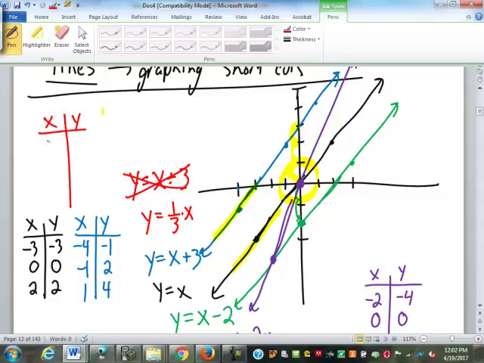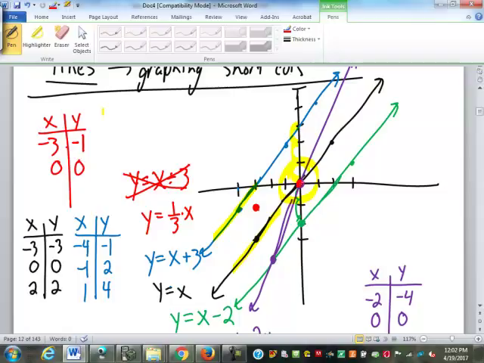So here now, if x equals negative 3, what's y have to be? One-third times negative 3 is negative 1. So negative 3, negative 1 is right there. If x is 0, what's y have to be? 0.